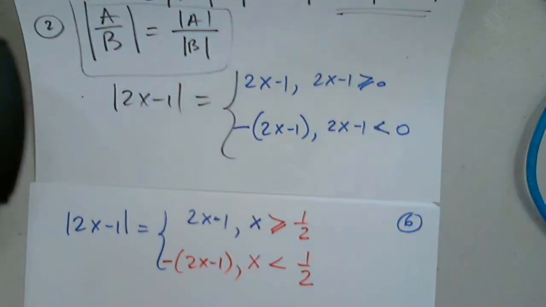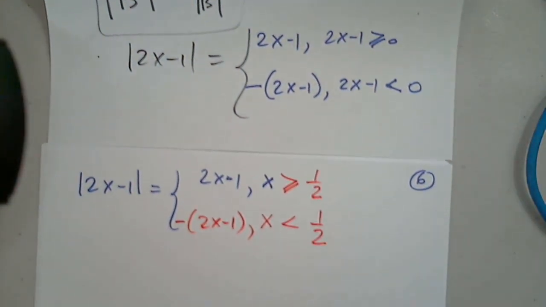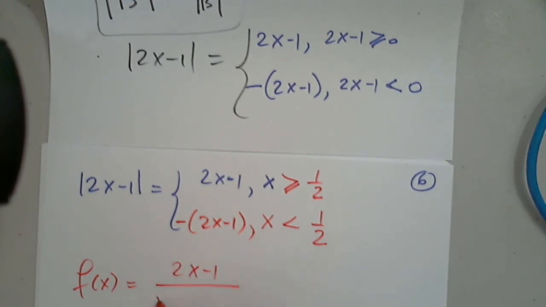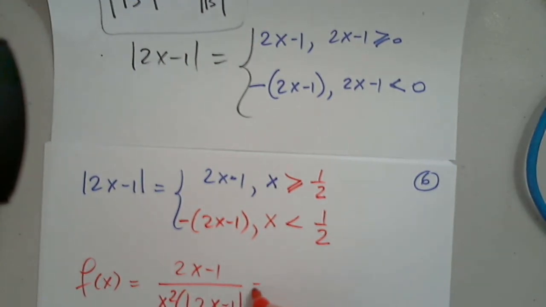Okay, finally, after all this explanation and detailed step-by-step work, now I can write that 2x minus 1 over x squared, 2x minus 1 equals. So if the denominator has two options, the function will have two options.